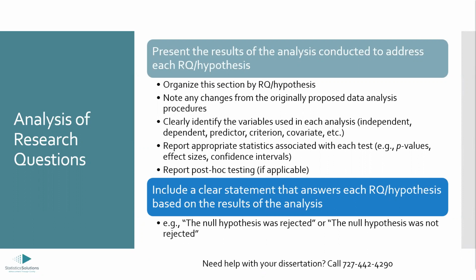If your hypotheses are written in null and alternative format, this often means stating that the null hypothesis was rejected if your results were statistically significant, or the null hypothesis was not rejected, or you failed to reject the null hypothesis if your results were not statistically significant.